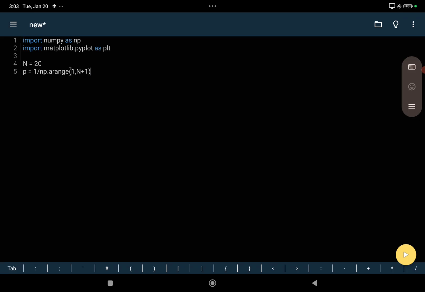So it's 1 by i, the whole to the power, for now let's just keep this to be 1. Now this is not a valid PMF, so I have to normalize the probabilities.